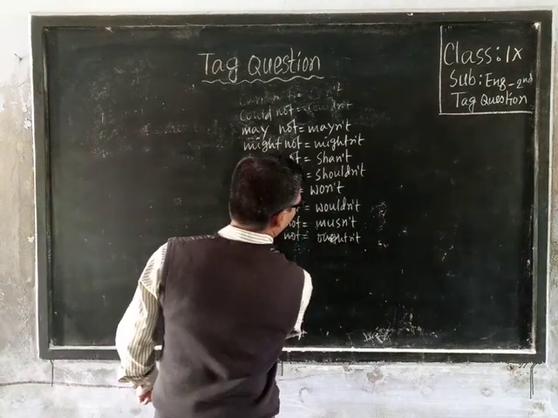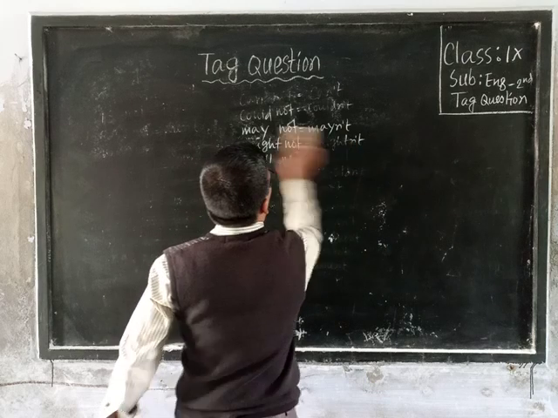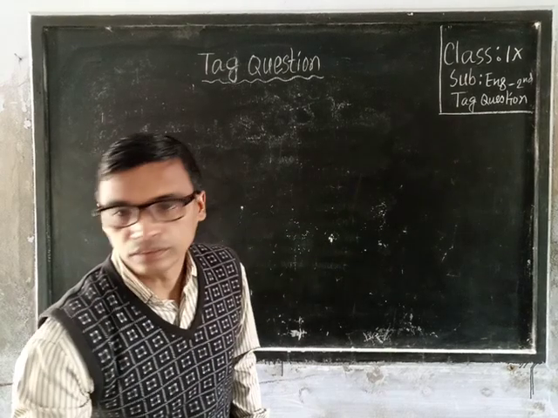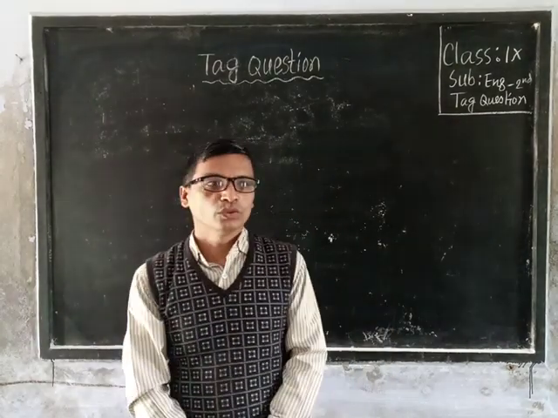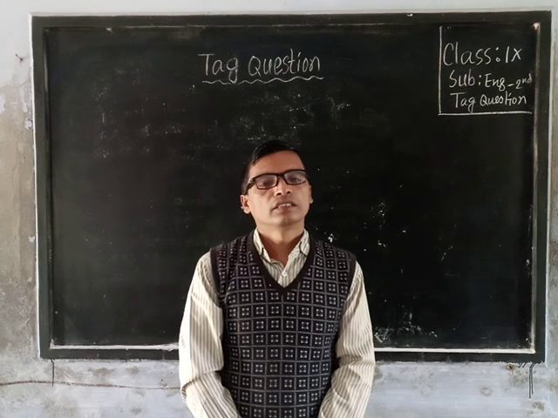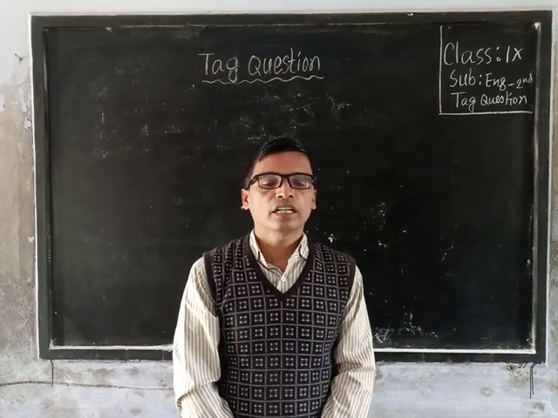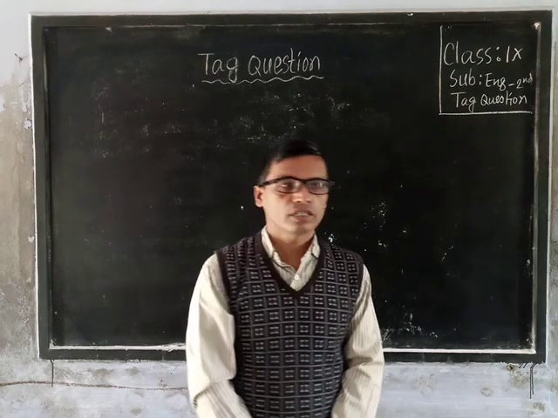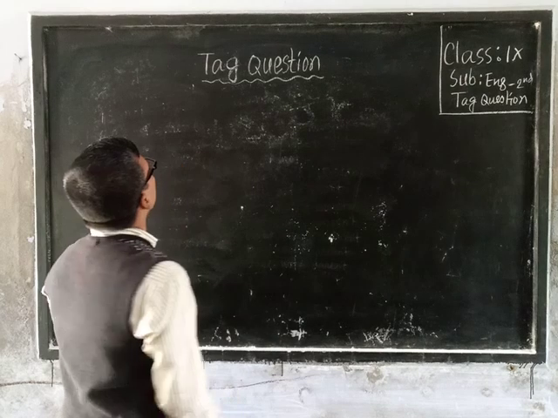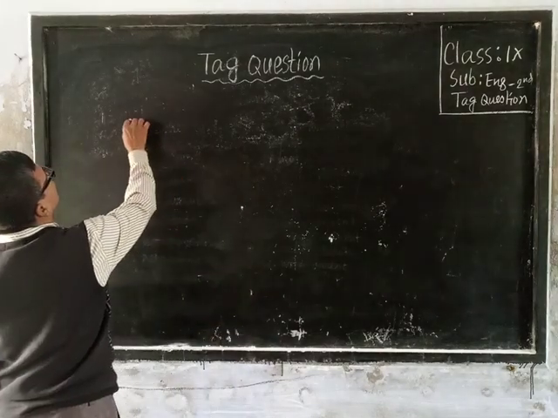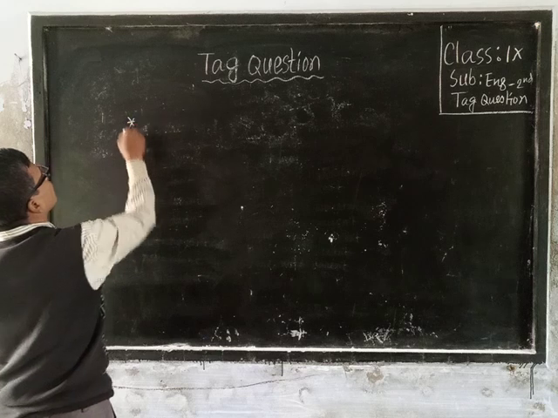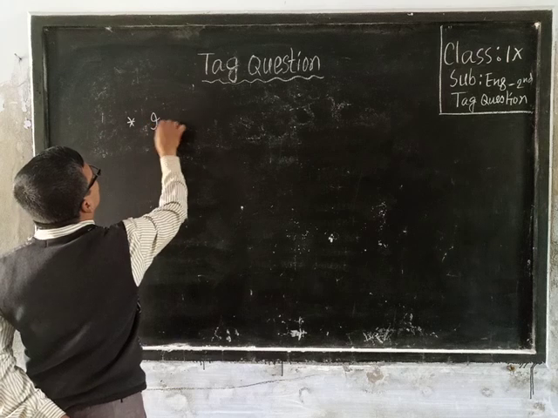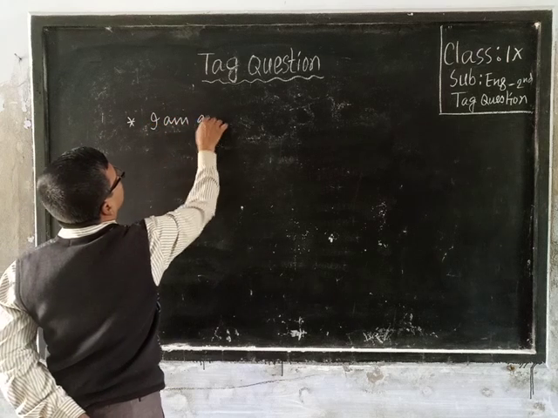Dear students, we will learn another important thing, that is, first we should learn to see if there is any auxiliary verb in the sentence or not. First we will write down the sentence here: I'm a boy.